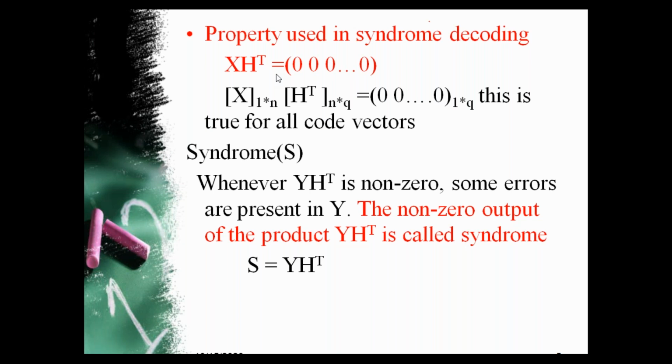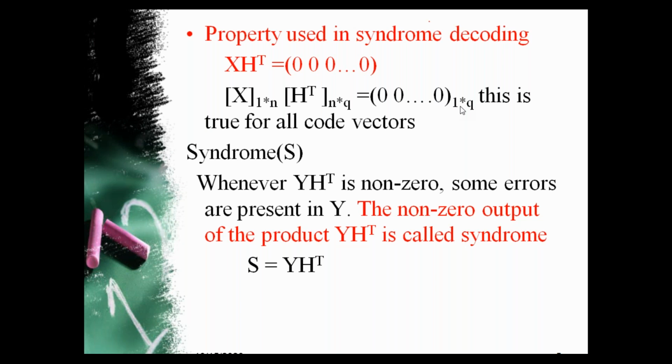N is the length of the code word. Therefore, X is a 1 by n vector. Multiply it with the H transpose matrix, which is an n by q matrix. Then we get q zeros, that is, a 1 by q matrix with all elements 0. That is, if we multiply any valid code word with the H transpose matrix, we get a zero vector. It is a property of linear block code.